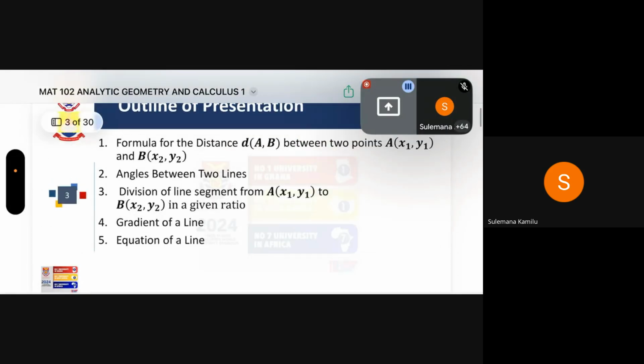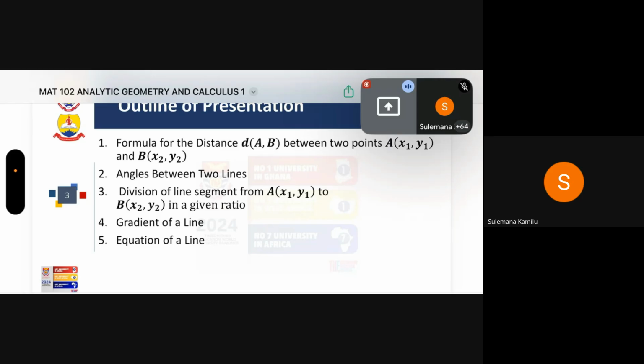Okay, so as I said, we'll be looking at the formula for distance between 2 points A and B. When you have a straight line, we have a point A and then point B. We want to find the distance from point A to point B. So we look at the formula for the distance between the two, and also the angle between 2 lines.